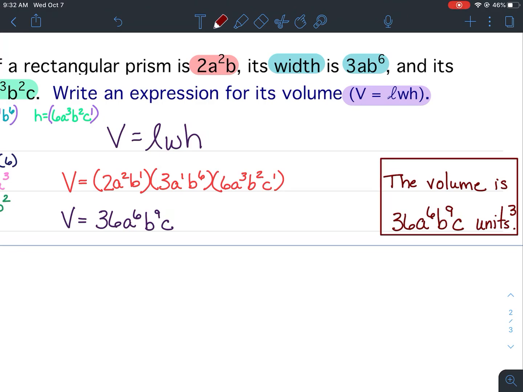So again, the volume is 36 a to the 6th, b to the 9th, c, units cubed. Or cube units would also work.